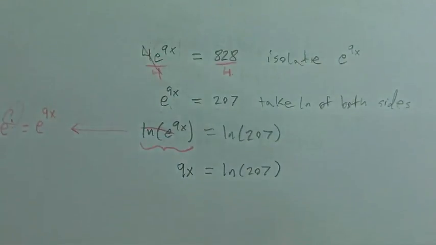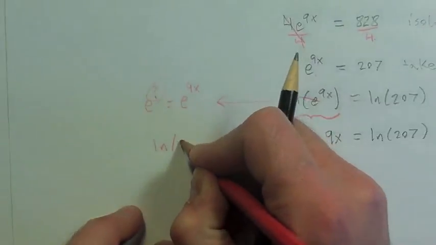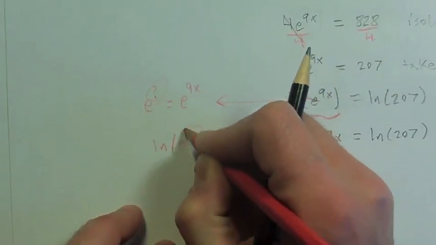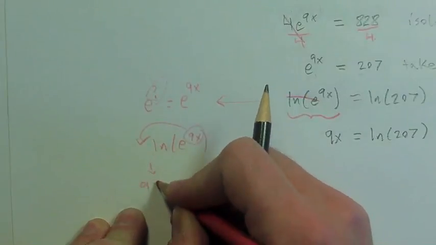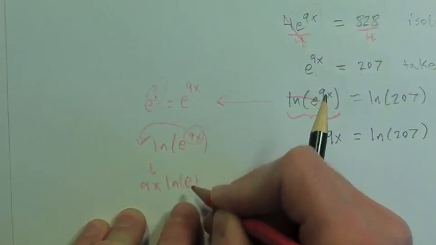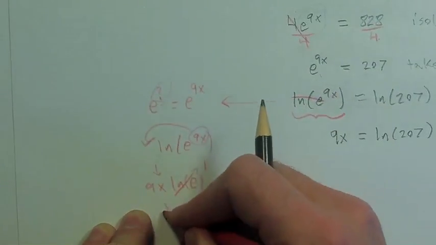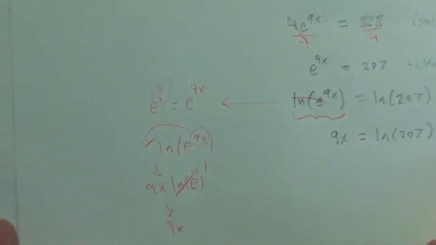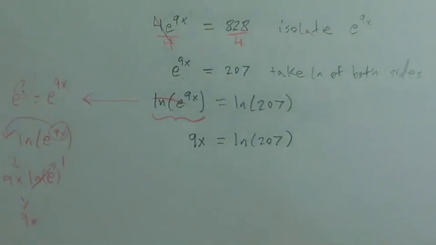You can also think of this as, if you have ln of e to the 9x, you can move the 9x out front to get 9x ln e, and ln e, as we've talked about before, is 1. So either way, we get down to 9x is equal to ln of 207.